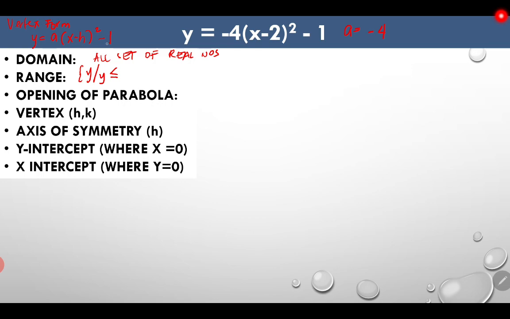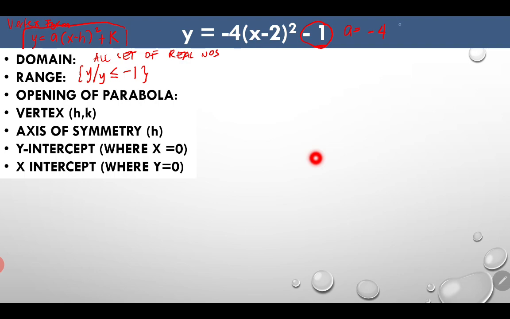The given k here is negative 1. Diba? Base dun sa vertex form, yung number na nasa dulo, okay, itong nasa dulo, is the k of the quadratic function. So, we just put y such that y is less than or equal to negative 1.